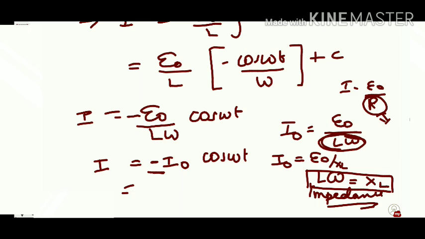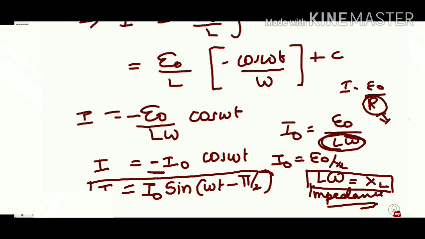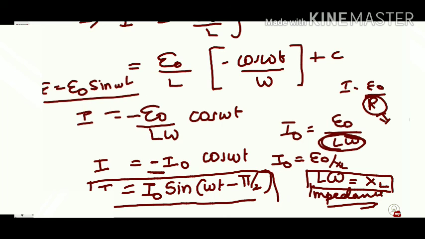I can also write this minus in the form of I is equal to I naught sine omega t minus 90 degrees, or I can write it as pi by 2, right? So this is the final expression of current, right? What is the expression of EMF? E is equal to epsilon naught sine omega t, whereas the current is I is equal to I naught sine omega t minus pi by 2. Just leave it like that, and the significance of this equation will be dealt with in the next class.